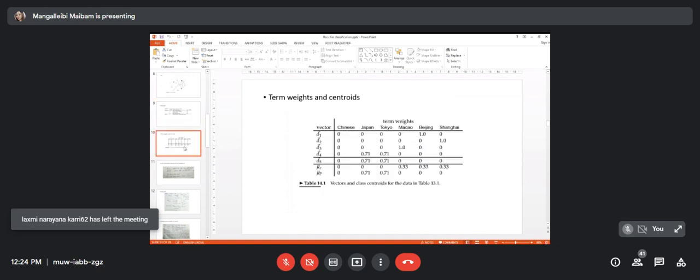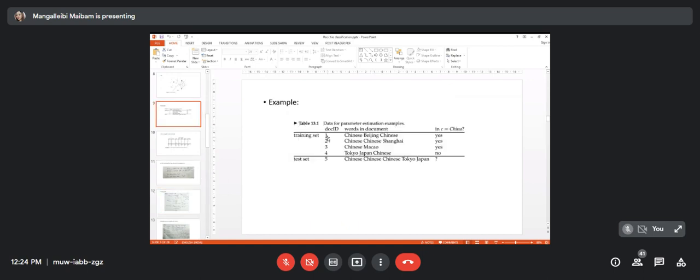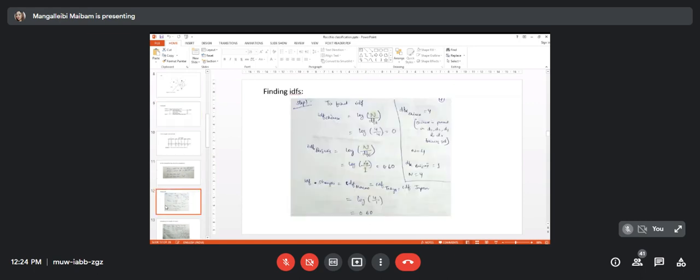After that, what we have to find is DF_t, the document frequency. Let us check if Chinese is present in all four documents. Chinese is present in D1, D2, D3, and D4. So the document frequency for Chinese will be 4. That's why log 4 by 4 is equal to 0.